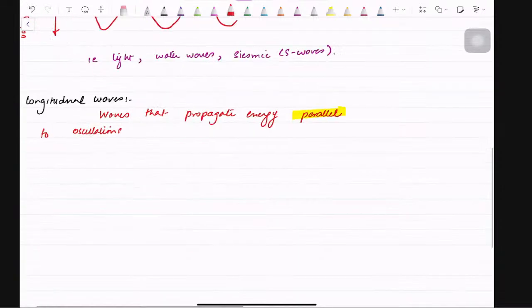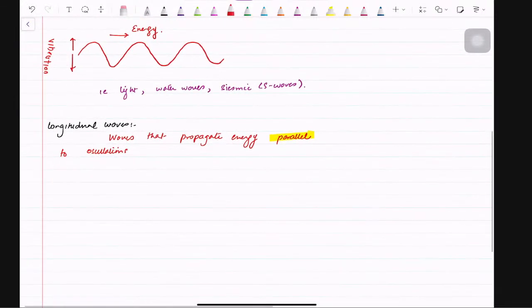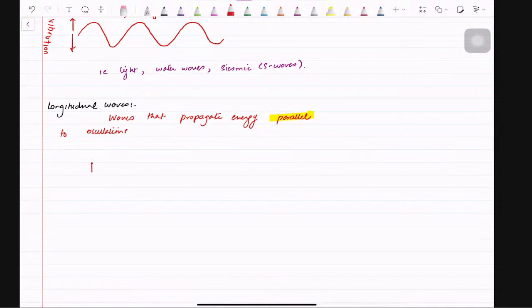So in these kind of waves, you have areas where the wave is really close and then areas where wave is really far. So close, far, and close again, like this. So this is the reason why this oscillates, vibrates to and fro, and the energy is transferred parallel to the vibrations.